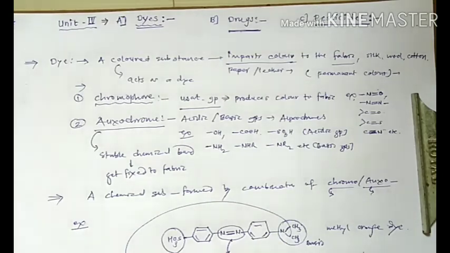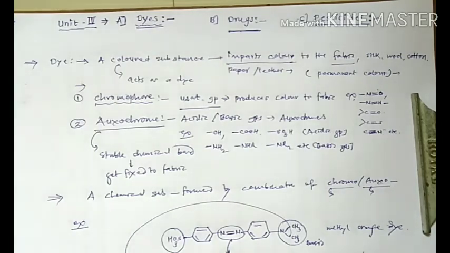So keep in mind that a dye is a colored substance which imparts color to the fabric by using the chromophore, and which gets fixed to the fabric by using the oxochrome.